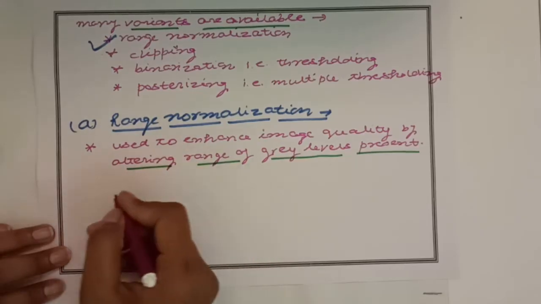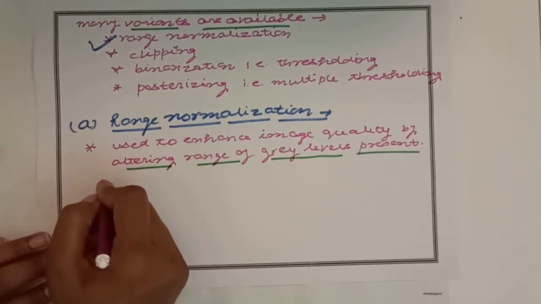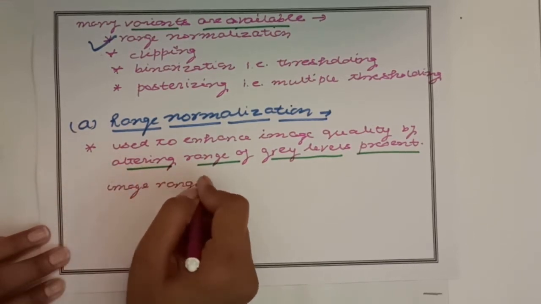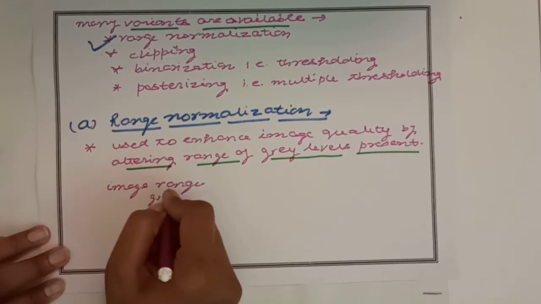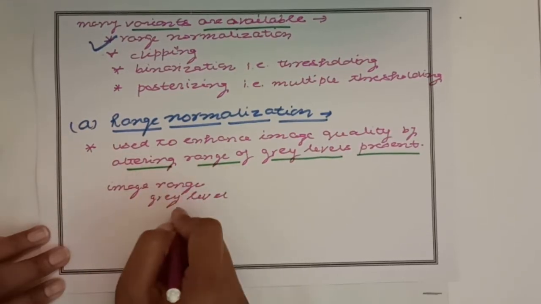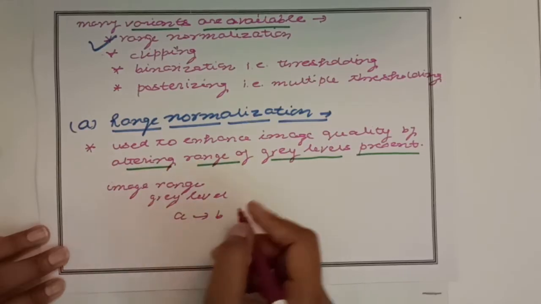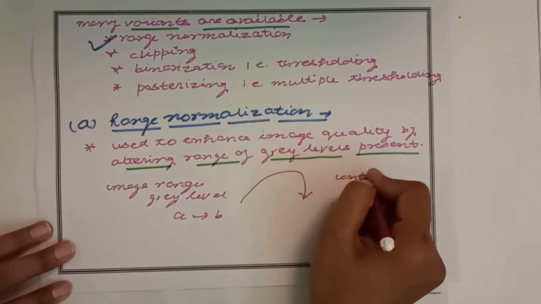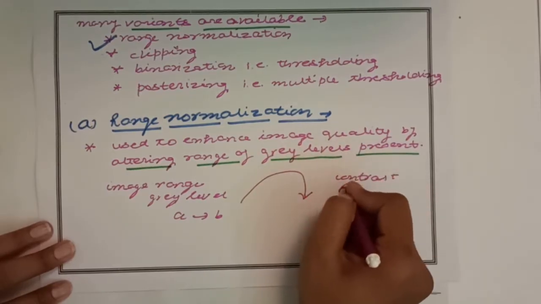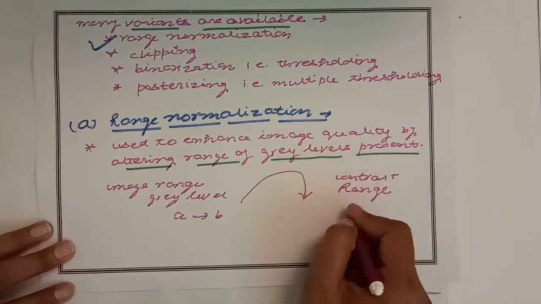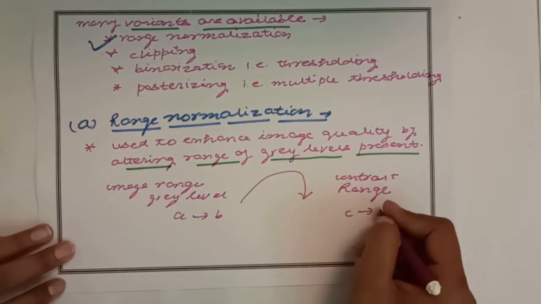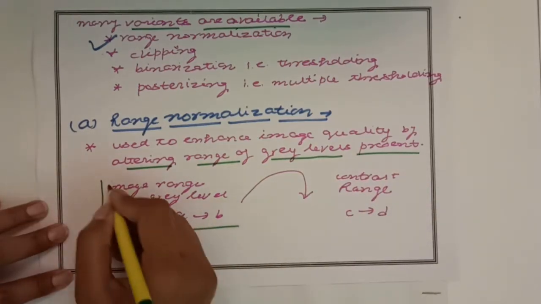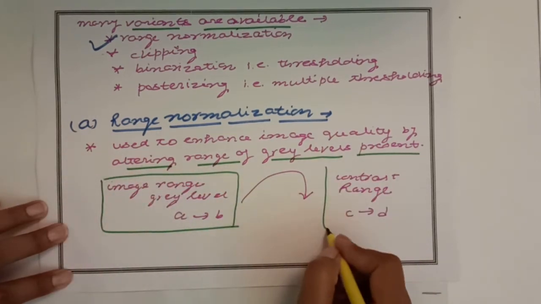How is it being done? If the image's gray level input range is given from A to B, then applying this process, the contrast range will be changed to C to D. This is the range normalization process.